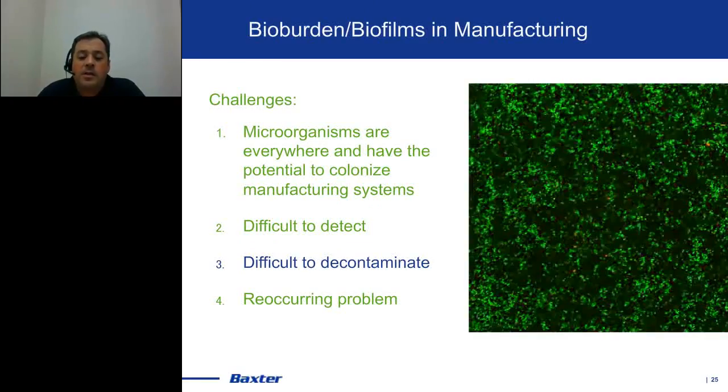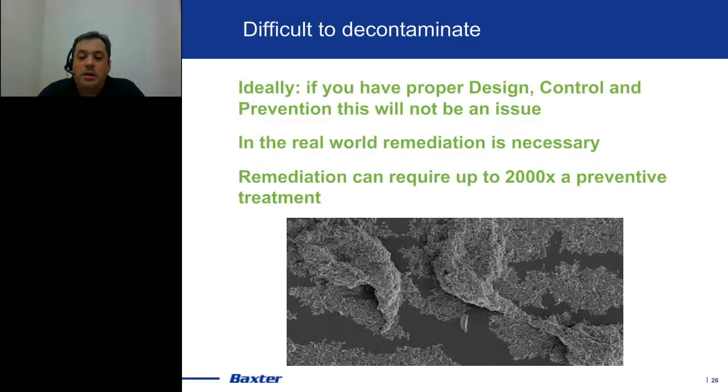All right, so that moves us to the next of our challenges, which is decontamination. If you have ideal design, control, and prevention, hopefully you never get to a point where you need to remediate your system, because if you have to remediate, especially if you have to remediate a biofilm, it's very challenging. In some cases, depending on what you're using to sanitize a biofilm, you might have to use as much as 2,000 times the concentration of what a preventive treatment is.